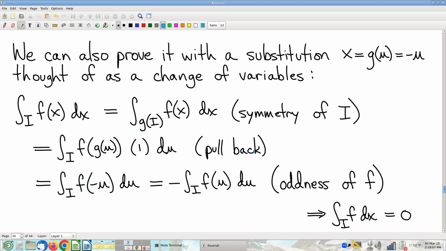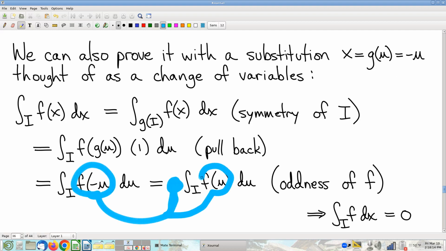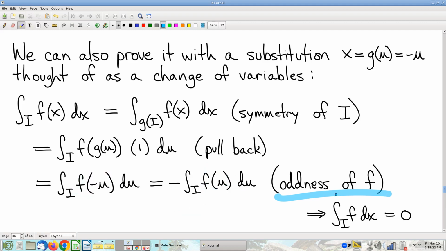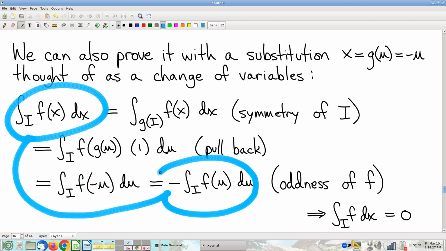And then lastly, don't forget that the function is odd. And so f of negative u is negative of f of u. Now, okay, I've been playing around with this integral. What does this buy me? What this buys me is if I look now at this equation, this thing I've been computing, integral over I of f, I now see that it is the negative of itself.